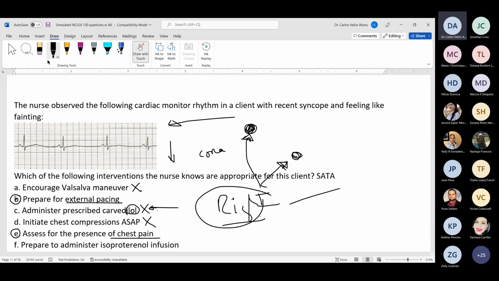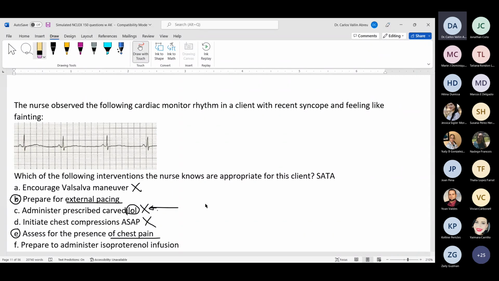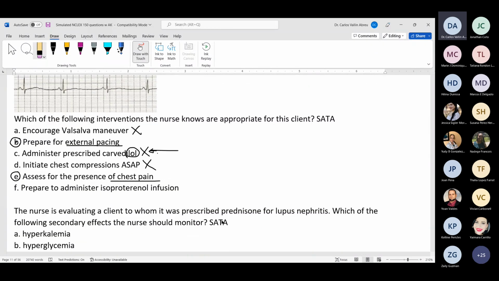And apart from that, if a person has bradycardia, maybe the heart rate is not enough to irrigate the myocardium properly, and then they could be having chest pain. So it is not going to harm, and it is a healthy assessment to be sure that this patient is not having myocardial ischemia that would transform the situation into a more emergent priority.